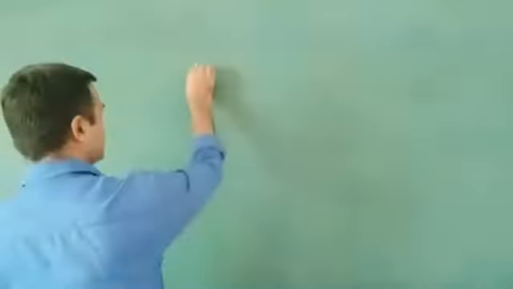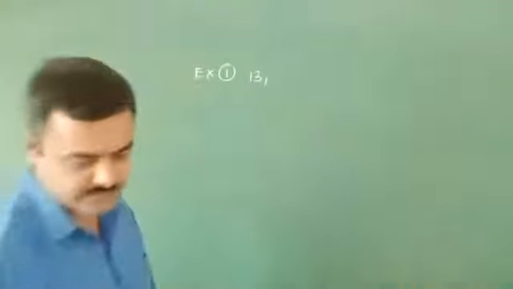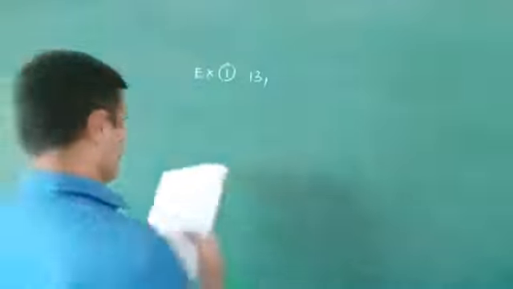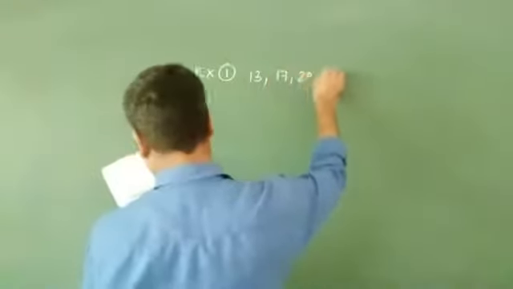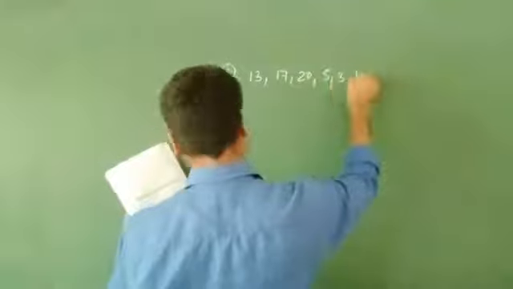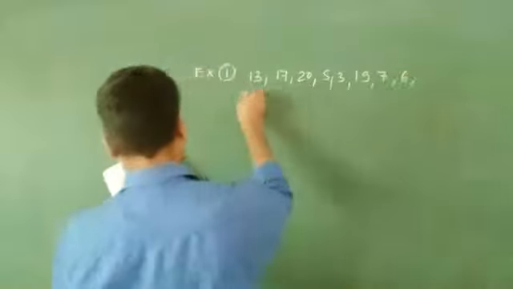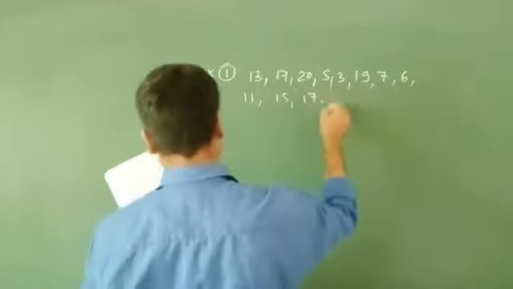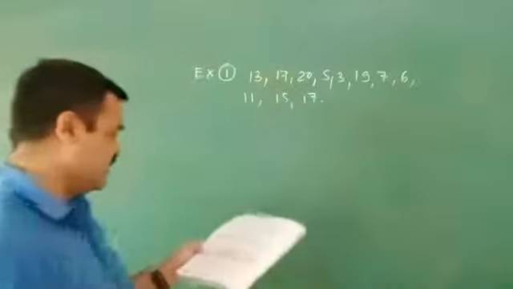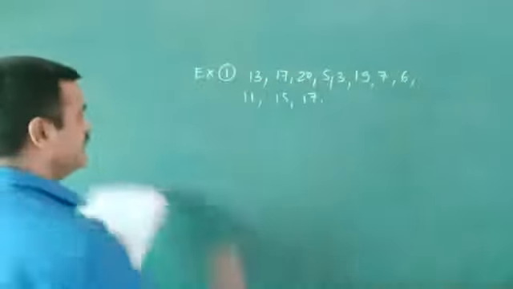Example, one example I am taking. 13, 17, 25, 3, 19, 7, 6, 11, 15, 17. This is the data. So first of all, arrange this one in ascending order.